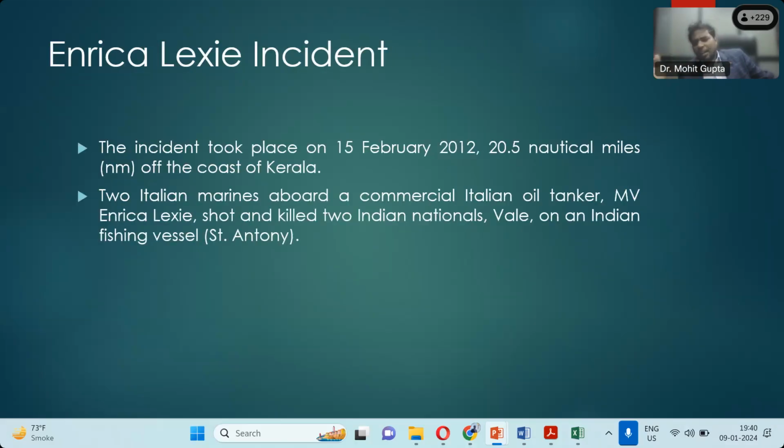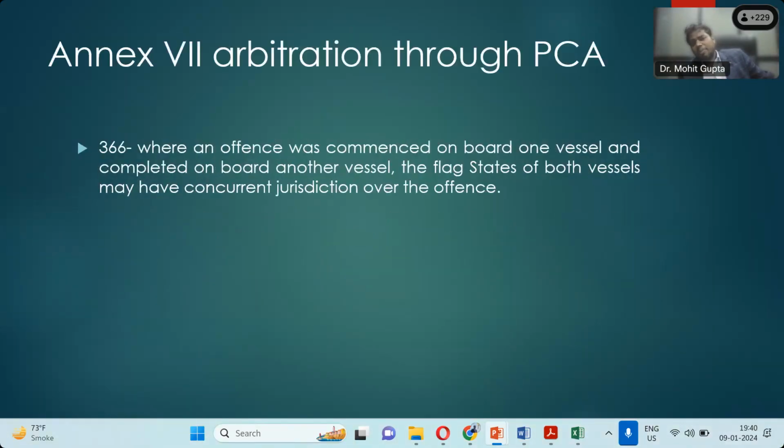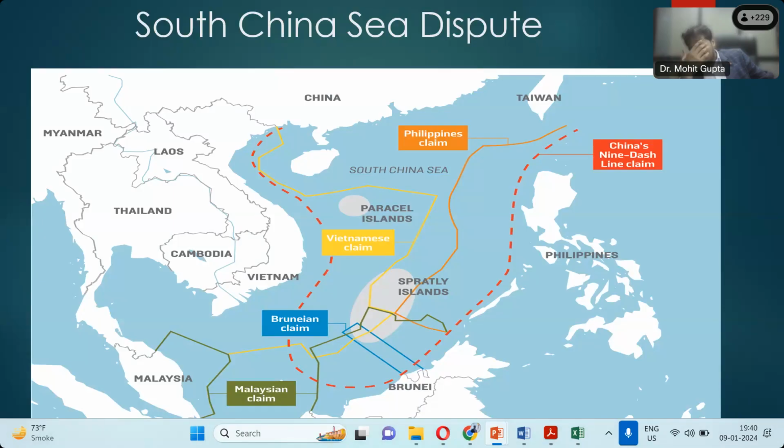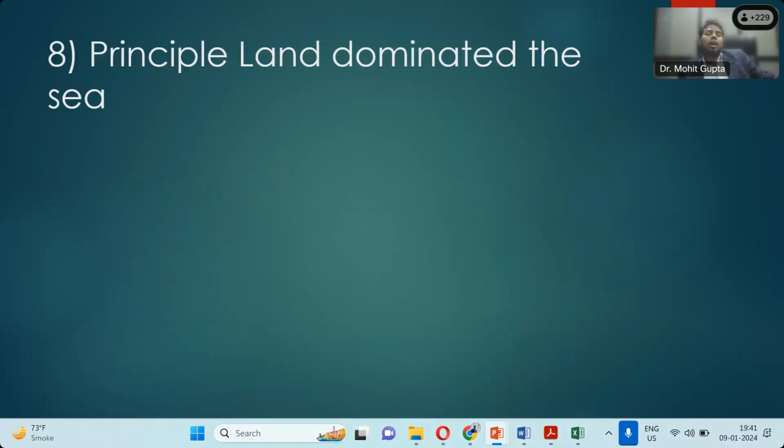For instance, we can ask our students to read the Enrica Lexie case, or the South China Sea Arbitration Award. The South China Sea Arbitration Award has contributed a lot to the development of jurisprudence related to Article 121 of the Law of the Sea Convention. So when we are teaching our students the definition of island, we can tell them these are the relevant paragraphs from the South China Sea Arbitration Award, and they can read them.